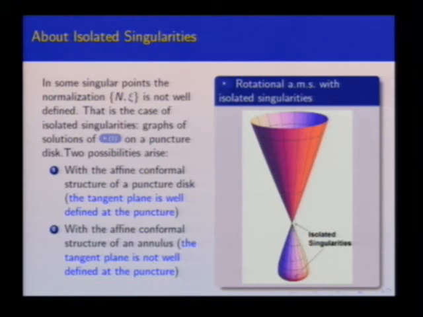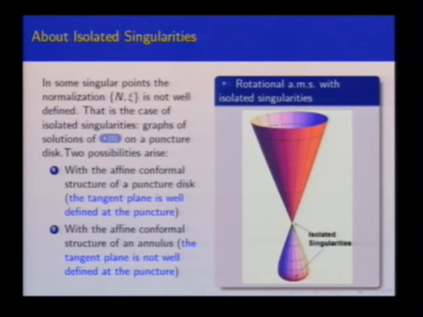And at that point, we have an isolated singularity because we can consider the upper one of the two parts as a graph of a punctured disk. And here at the bottom, it's difficult to see, but we have another isolated singularity.